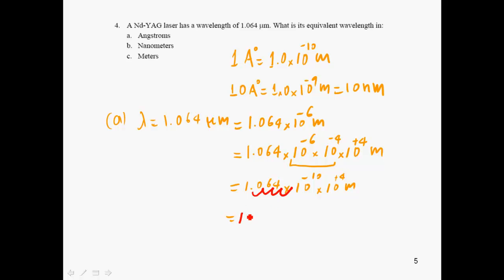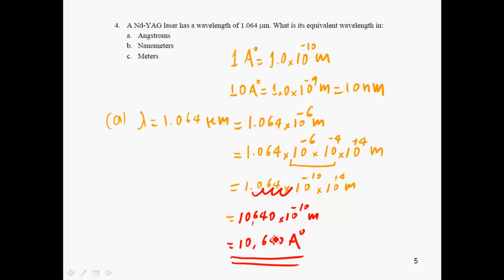So that will give me 10640 times 10 to the negative 10 meters, or 10,640 angstroms. Is that correct? Because 10 to the negative 10 means 1 angstrom. So that's how you would do this. That's A.